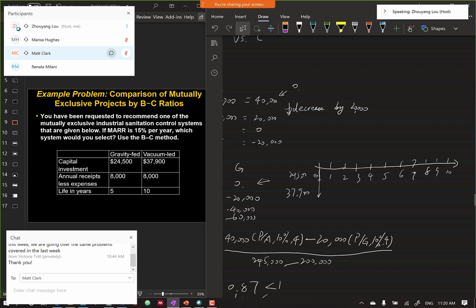Since the gravity life is 5 years, we need to have another investment at year 5, as 24, and we have all the equal annual income.